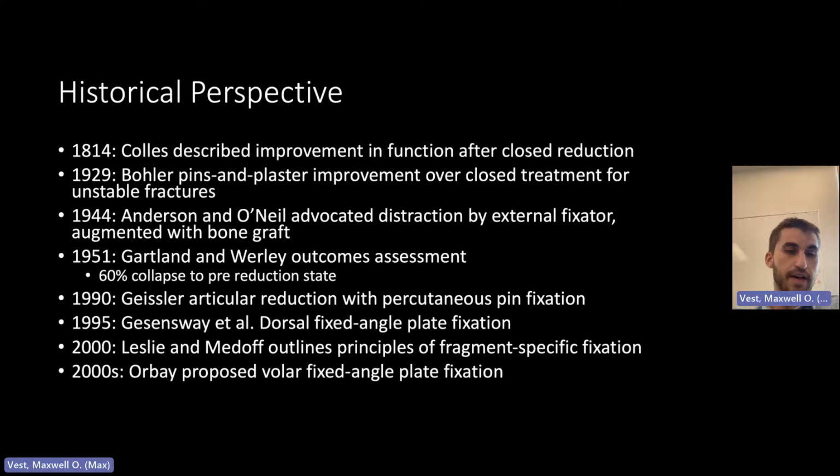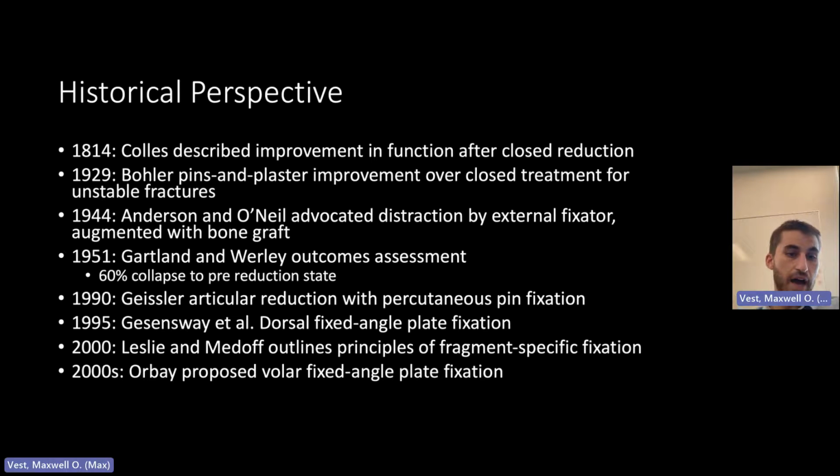So in 1990, Geissler advocated articular reduction with percutaneous pins. In 1995, Jupiter et al. were promoting dorsal fixed angle plate fixation, which was used for a period of time. It did have some complications, including tendon rupture.